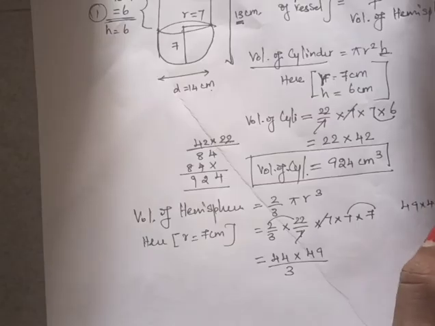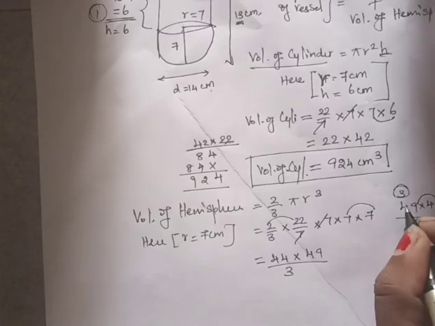49 into 44. 9 4s are 36, remaining 3. 4 4s are 16 plus 3 is 19.